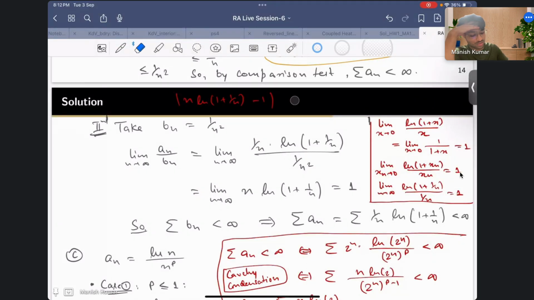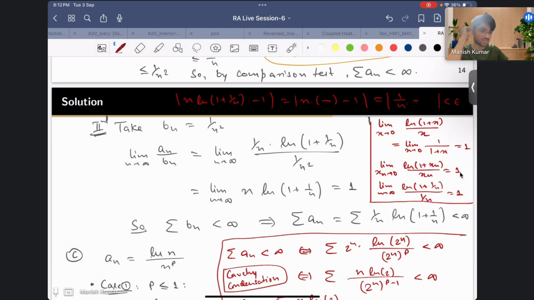So I think the only way is to use the series expansion of log(1 plus x), and then you subtract 1, you will get something like 1 by n raised to some power, an alternating thing. And this you can make less than epsilon. So that is another proof, using the epsilon definition, but obviously you will have to use the series expansion.